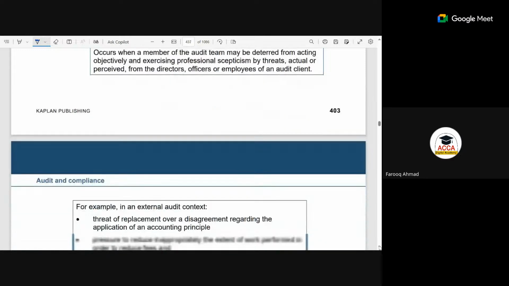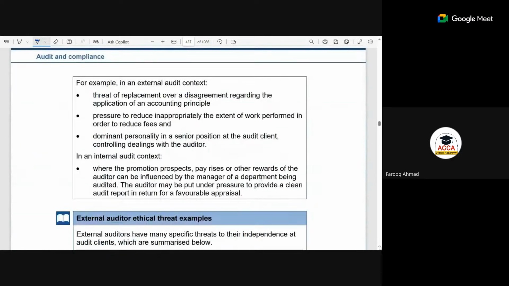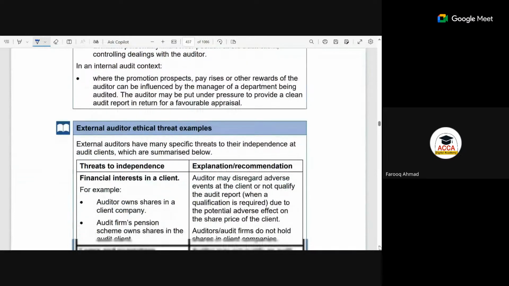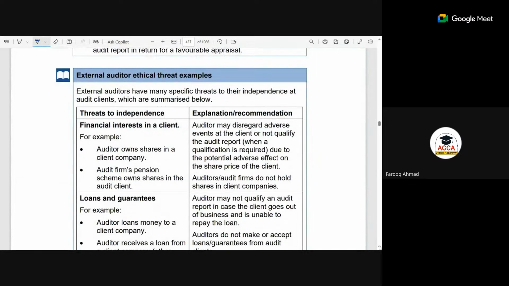Now, students, I will show you this chapter 14 slides for flashcards. After that, on external auditor threats, we will see these examples for the external auditor.